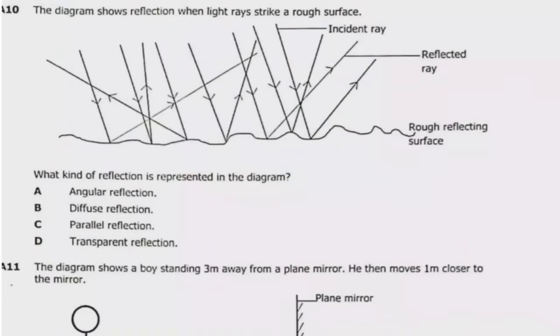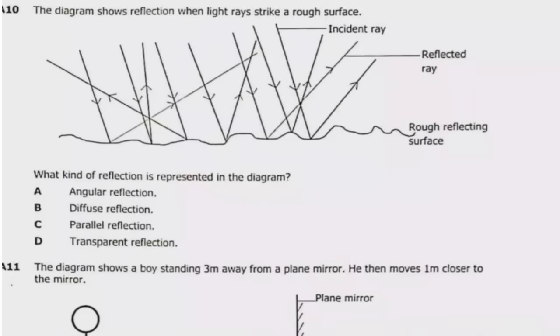Okay, we come to question 10. The diagram shows refraction when light rays strike a rough surface. So I've got the incident ray, the reflected ray, and the rough reflecting surface there. The actual question is, what kind of refraction is represented in the diagram?